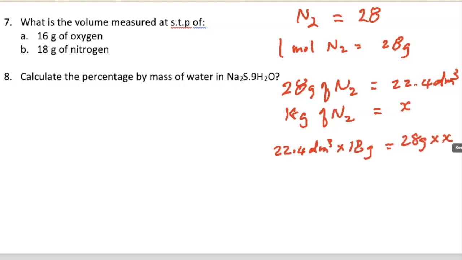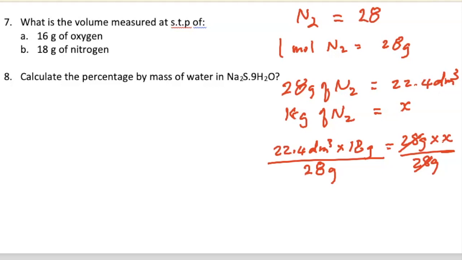So we want to make x the subject, so even though it's on the right hand side this time around, we do the same thing, we divide both sides by 28 grams, so we get x standing by itself. When we do that, 28 grams cancels out 28 grams. So we're left with 18 divided by 28.